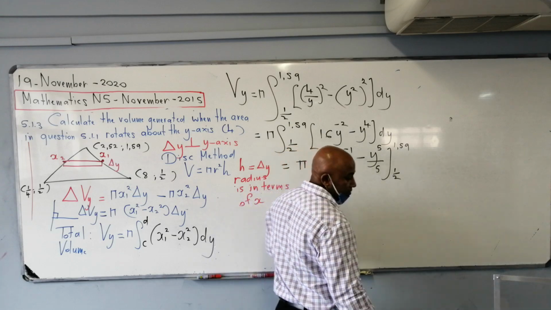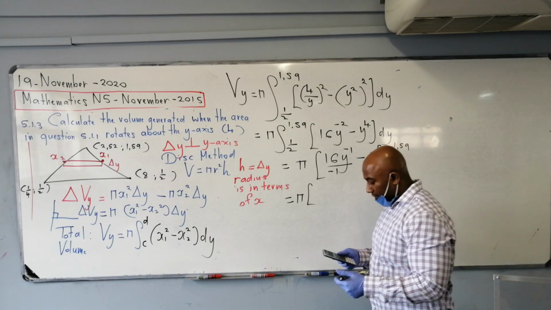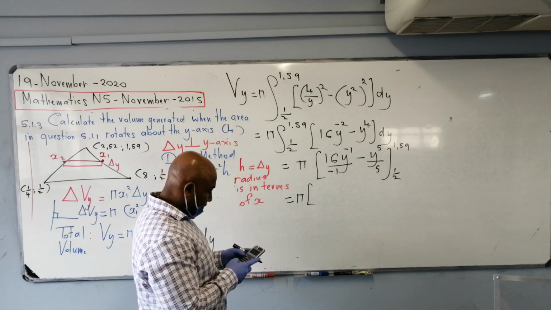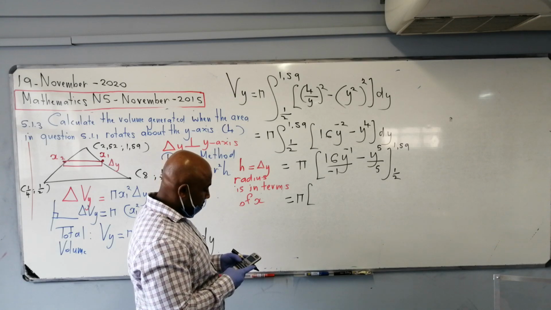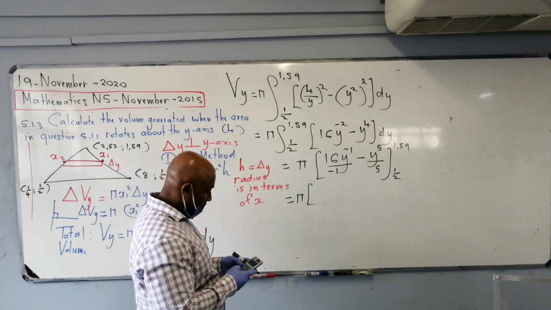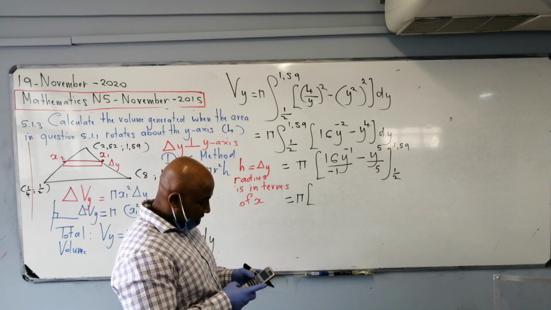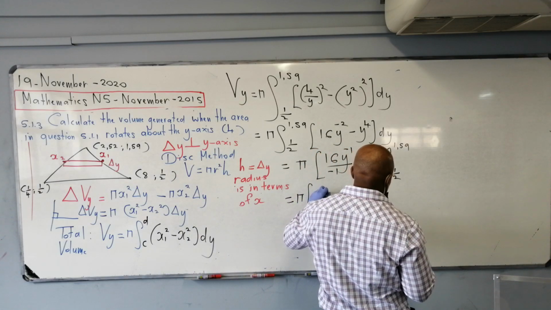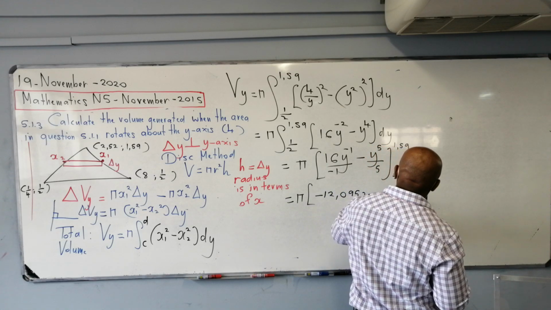Let's see what we get here. Alright, so I'm substituting 1.59 first, and I get minus 12.09, 532,318.